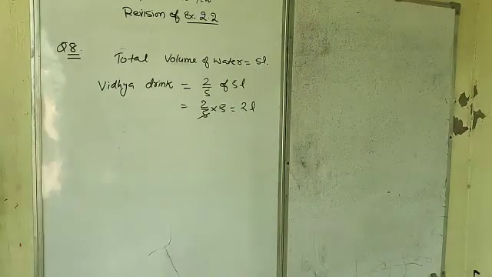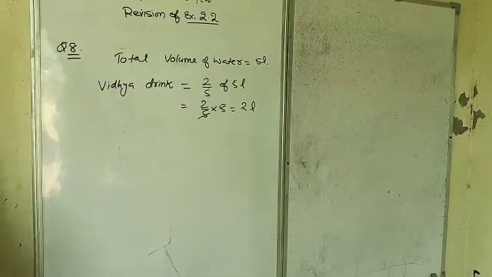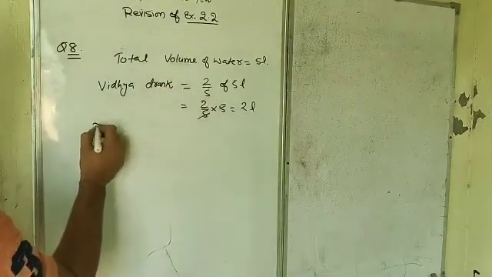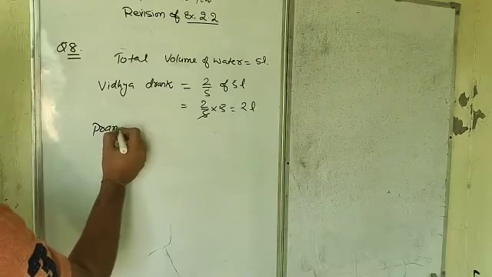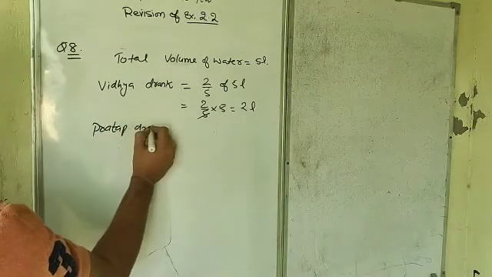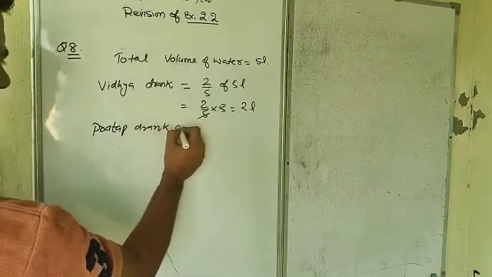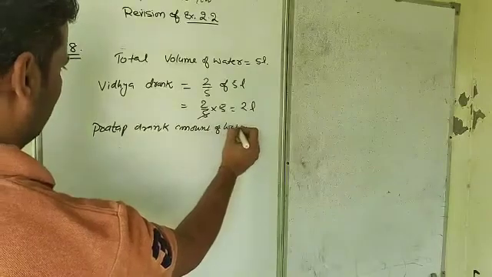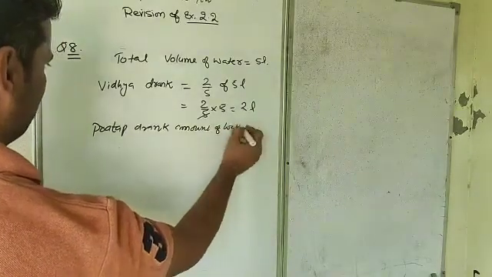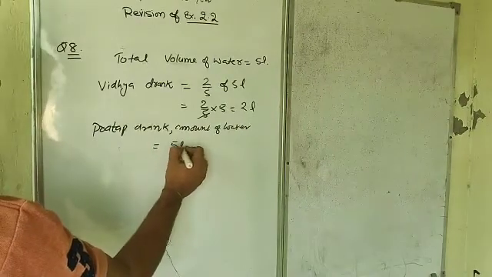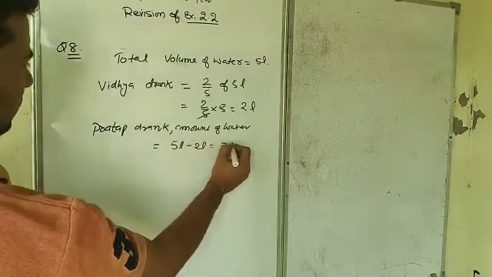Pratap consumed the remaining water. What is the remaining amount of water? 5 liter minus 2 liter. It will be equal to 3 liter.